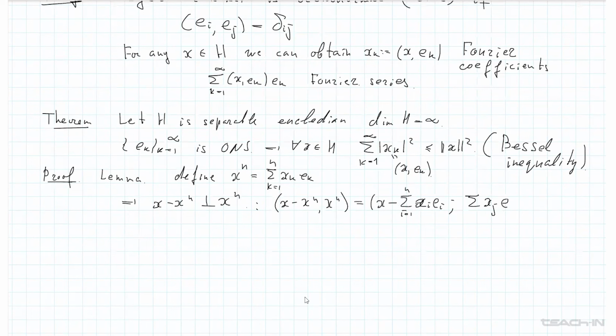I write different indexes, and let's use the definition of our scalar product. So this x, on this sum, it is the sum for j from 1 to n by definition.